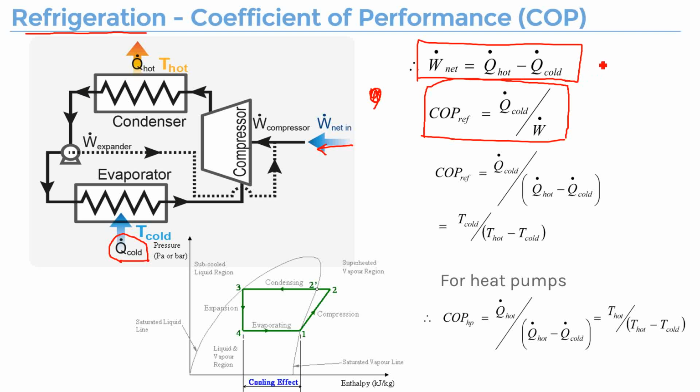You need to know, firstly, the energy balance, and secondly, this definition is important, and later we will do calculations on that. If you manipulate this equation, you will see it's calculated just from Q cold and Q hot, which you can find from the delta H of the evaporator and the delta H of the condenser. So the calculation for this cycle is actually quite simple, as long as you know where these 4 points are.